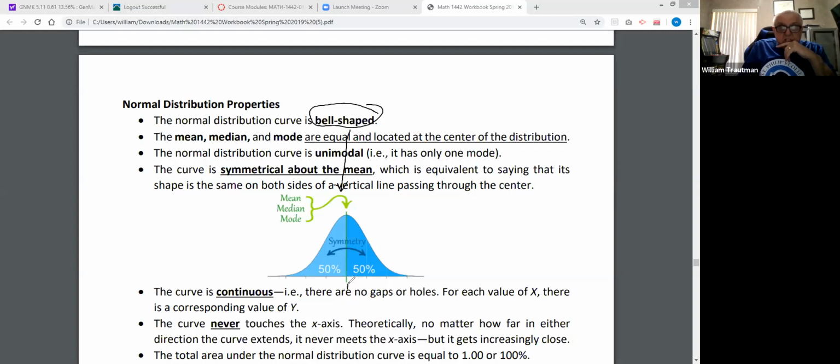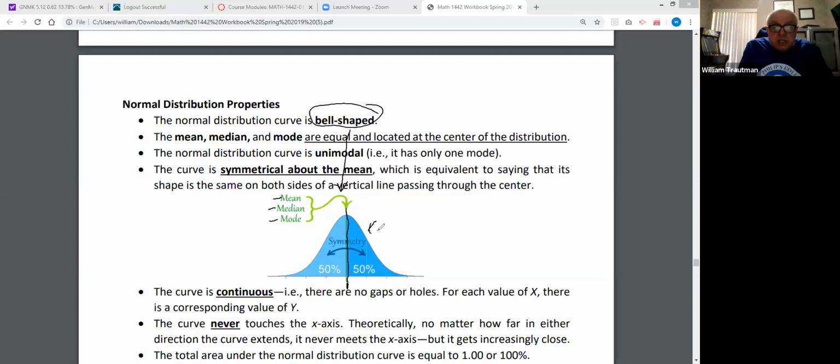This center is where the mean, median, and mode all are the same number. Mean, median, and mode at the center of a normal distribution curve are all the same. It's symmetrical.